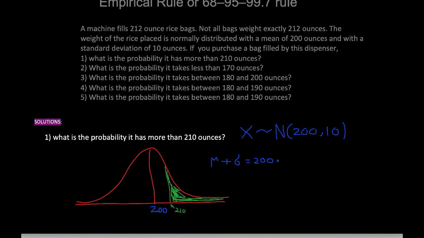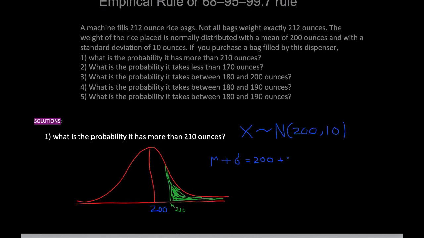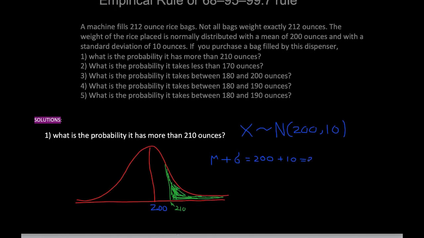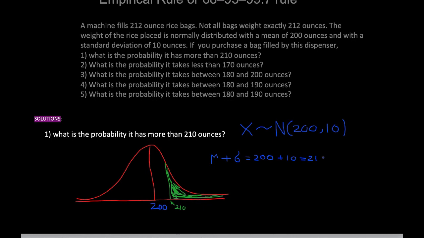Therefore, this is 200 plus 10 equals 210. Yes, that is the number we were looking for, 210. So it means this is the number of one standard deviation, mu plus sigma.